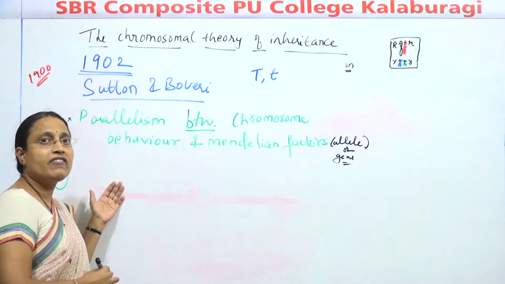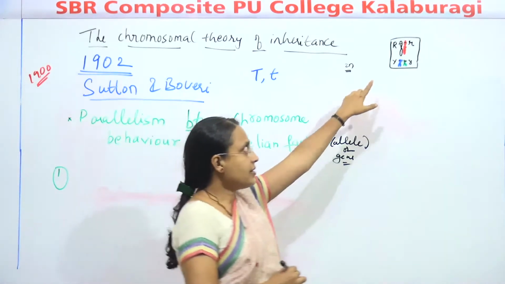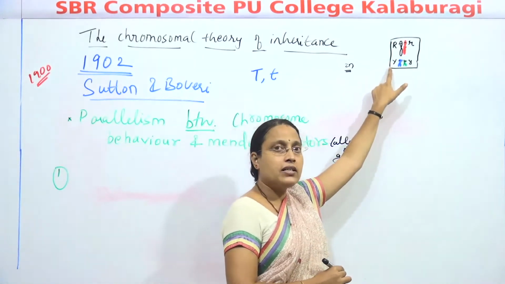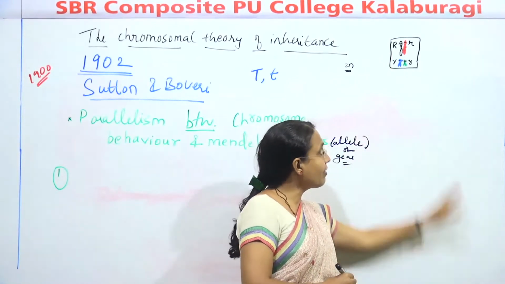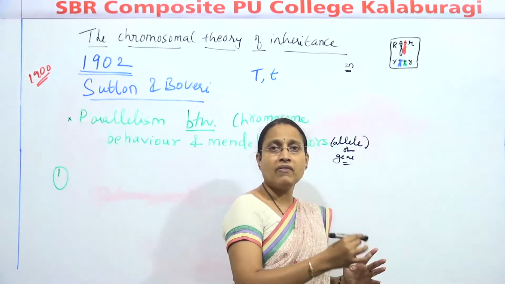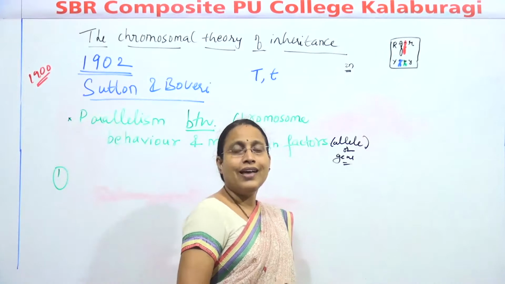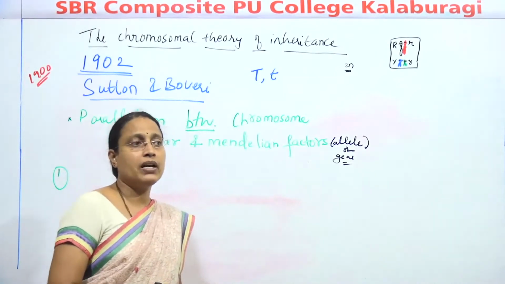Factors will transmit from parents to offspring. How? In this cell there are factors, then gametes will be produced. In the gamete, the same factor will be there. Upon fusion with the corresponding gamete, when the zygote is formed, the same factors will transmit to the next generation. That means chromosomes transmit without changing.